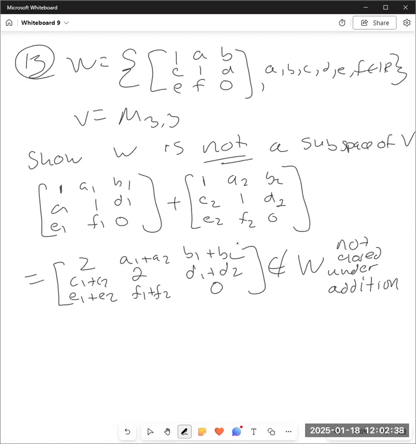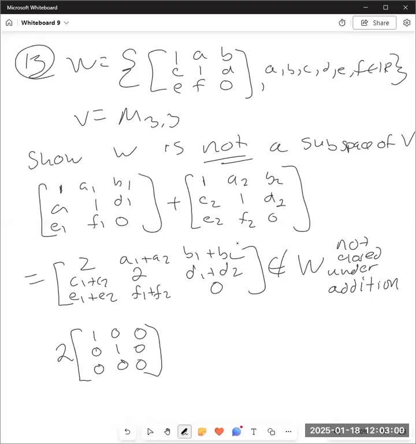So it automatically fails. Another thing you might have done is you might have taken the number 2 times something like [1, 0, 0; 0, 1, 0; 0, 0, 0], just to be a little bit more specific in our counterexample.